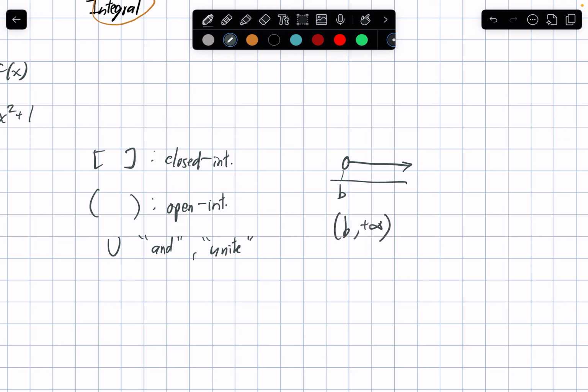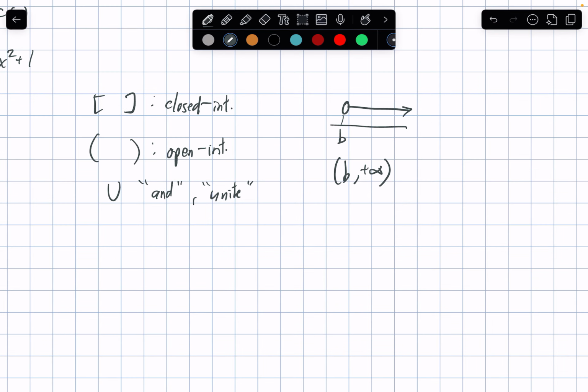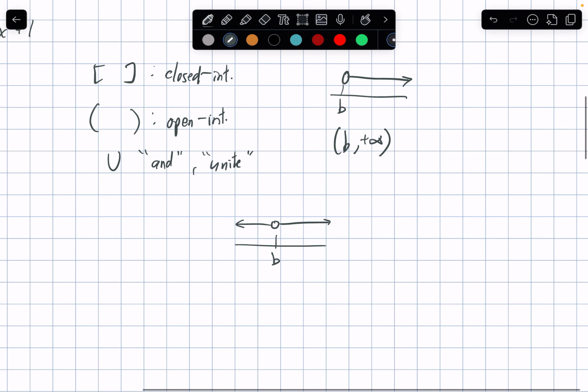Okay. So where do we see how set union is applied? Let's say there is an open circle in the middle, and there's the letter b below the circle itself.